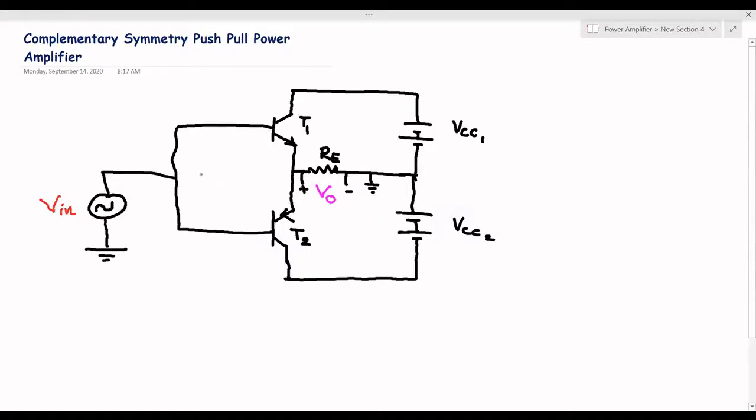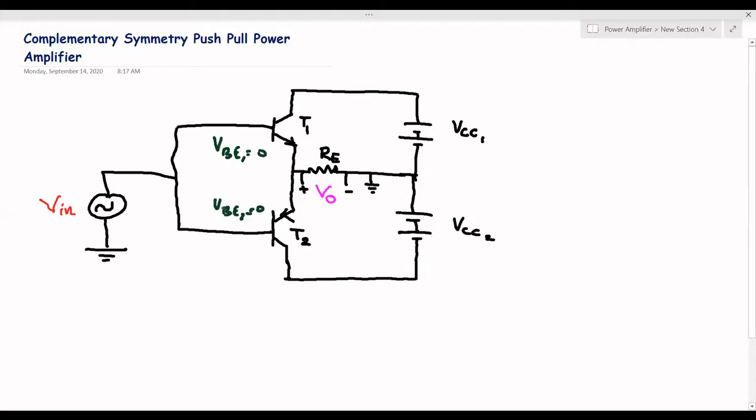If you look at the base and emitter of the two transistors, the bases of T1 and T2 are joined together, and the emitters of the two transistors are joined together. So, if you look at this closed loop, you can see that VBE1 equals 0 and VBE2 is also equal to 0 under DC condition.